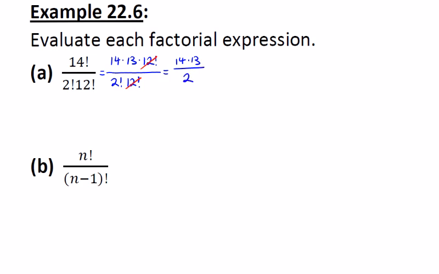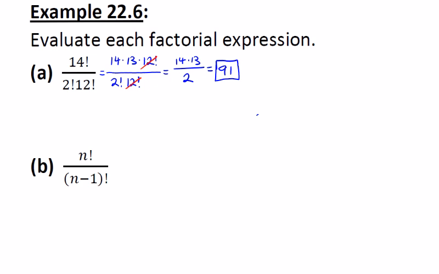Since 2 factorial is 2, I can then simplify using the appropriate order of operations, and I get the answer to be 91. So that's what it looks like when you have very specific values applied to the factorial notation here.